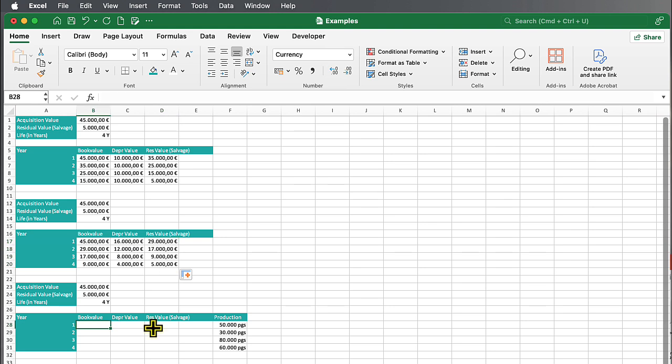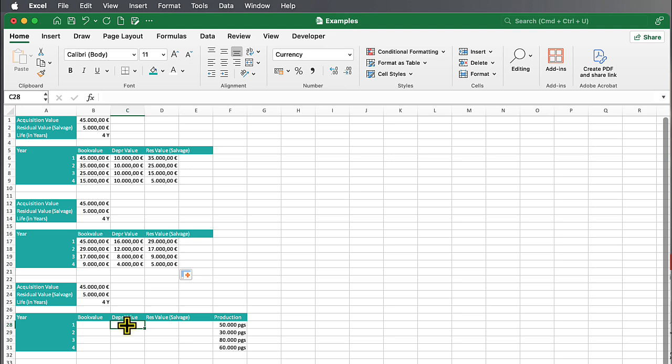A last approach to calculate the depreciation is called the production method depreciation. So if we already can forecast to what extent the printer, for example, in our case, is used, then you can say, okay, we calculate this depreciation according to the numbers we are foreseeing.